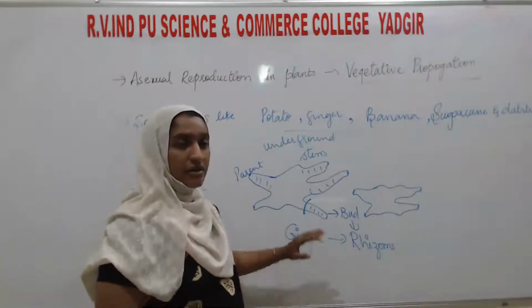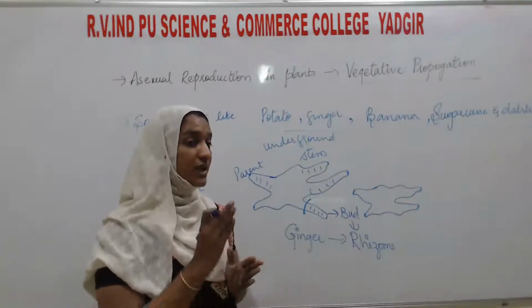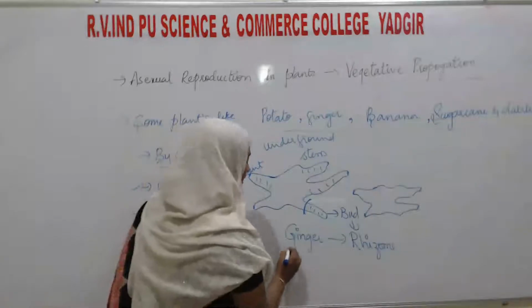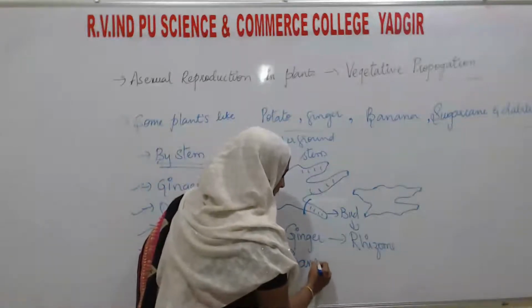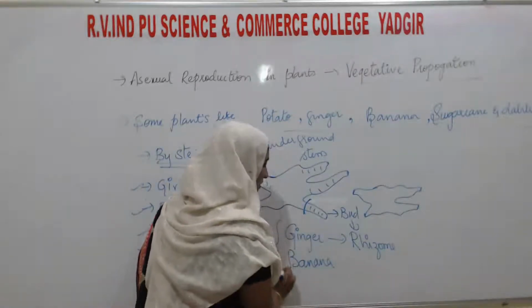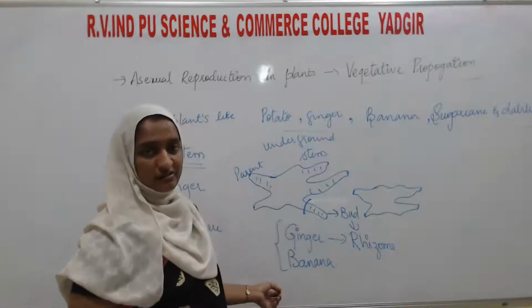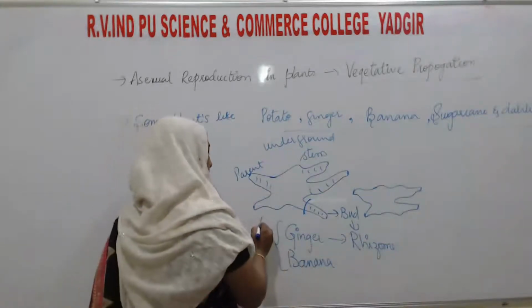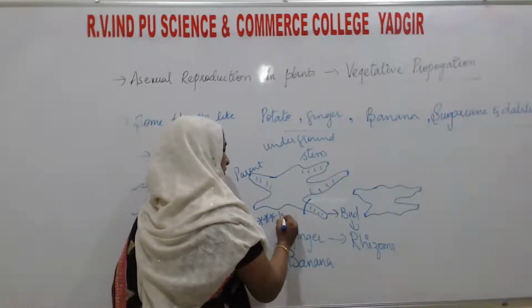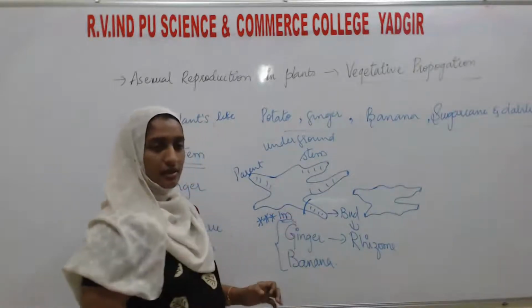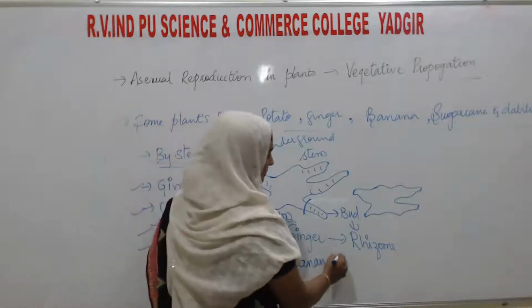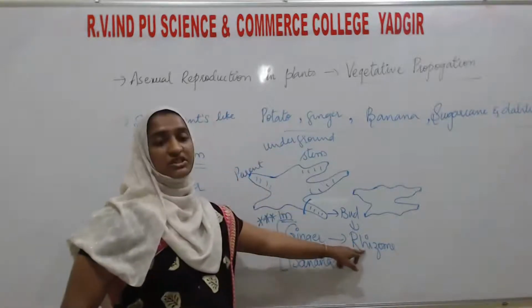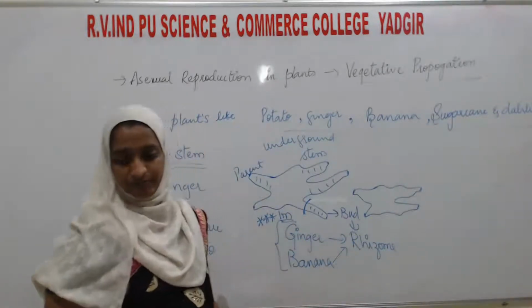The rhizome is also the vegetative propagule of banana. Banana and ginger, this is very important. Many times they have asked what is the vegetative propagule of ginger.